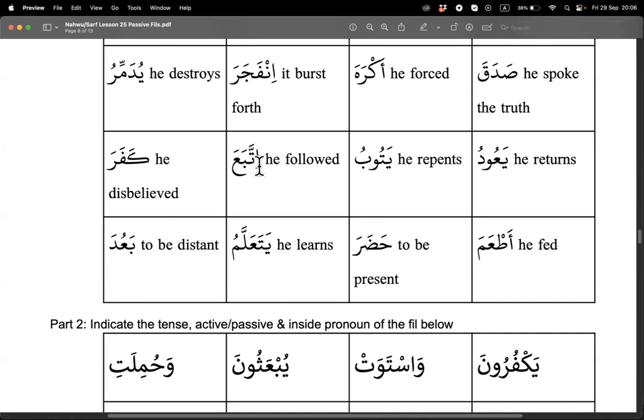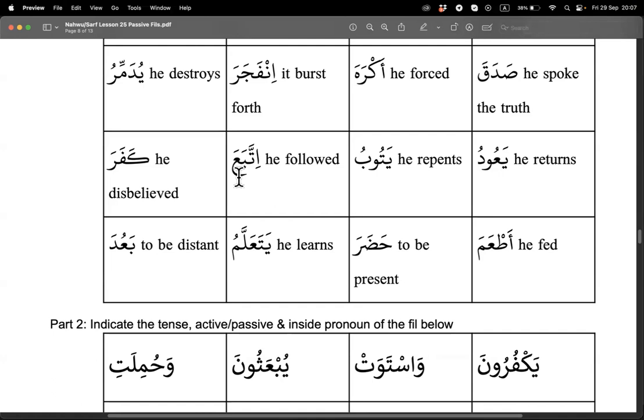So the pattern is ui, but this is a long word. So do you do ui or uii? How many u? One u or many u? Do you understand my question? I think two. Yes, correct. This is ui.